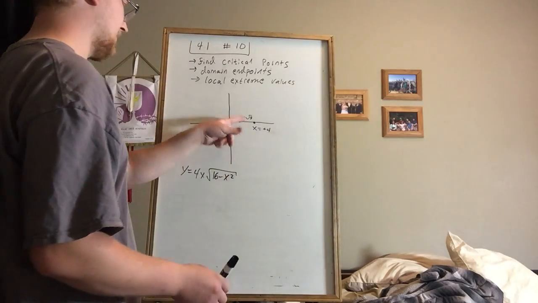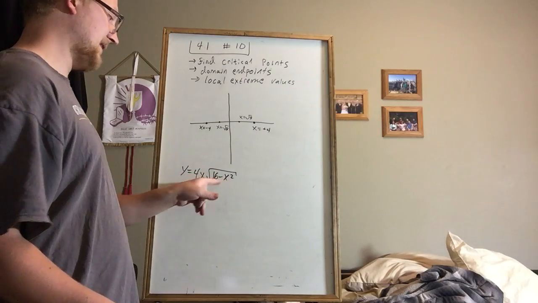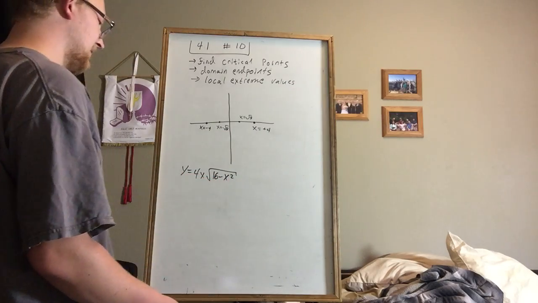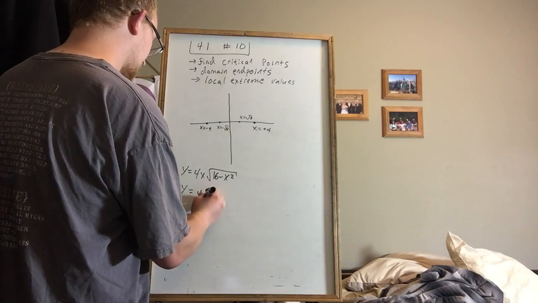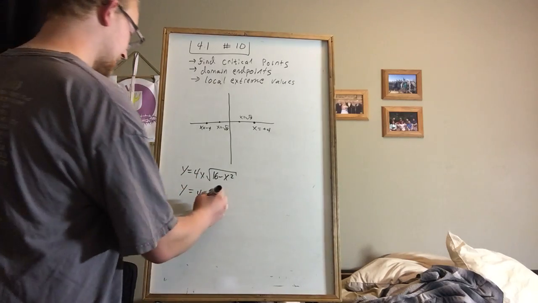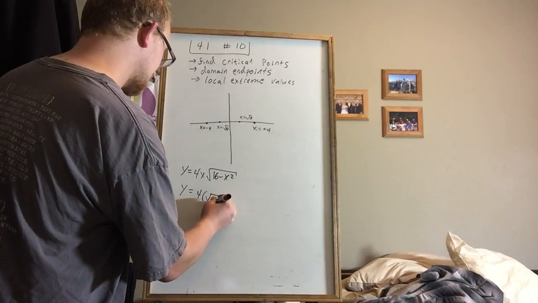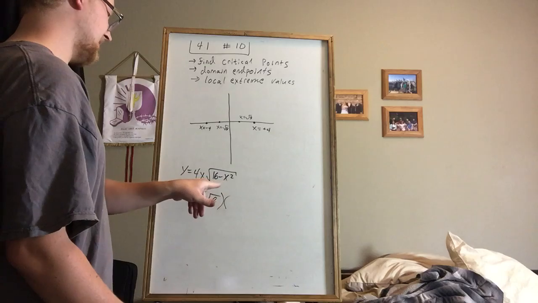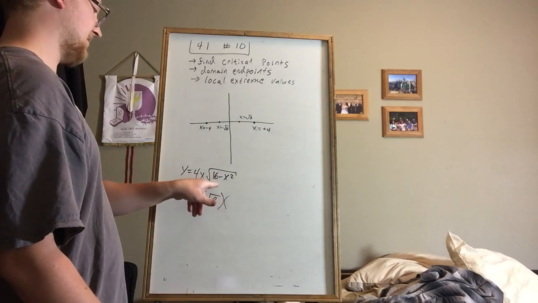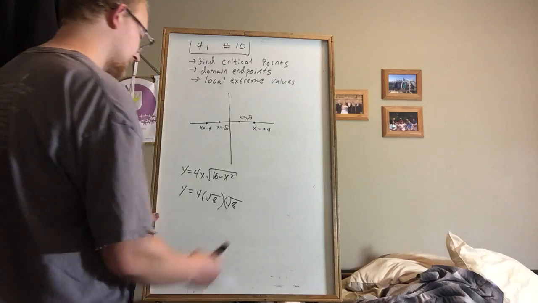So let's plug in positive root 8. Positive root 8 squared is 8. 16 minus 8 is 8. And so what we end up with is y equals 4 times square root of 8, we're plugging that in for x. And then we're multiplying that by root of 16 minus 8, which is root 8.